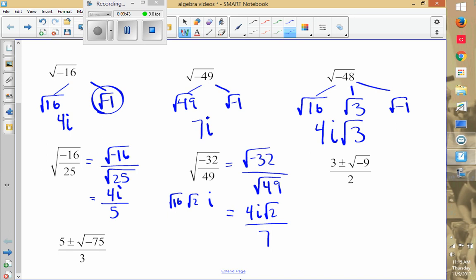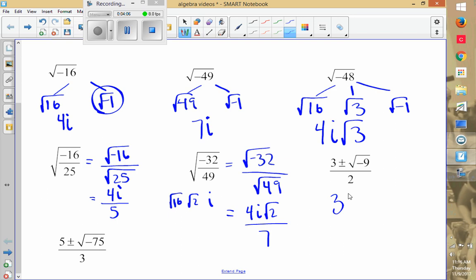Eventually, we're going to work this into getting i's from the quadratic formula and how you simplify them. If you take a look at these next two that I have on this slide, don't they look like you just did the quadratic formula? Like this would be your minus b. Negative 9 is what you got when you simplified everything under the radical.